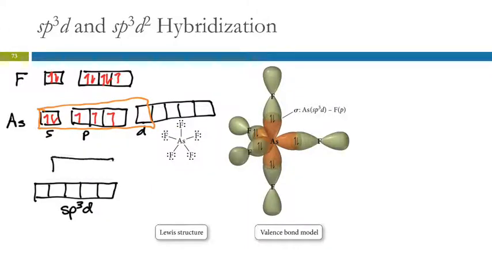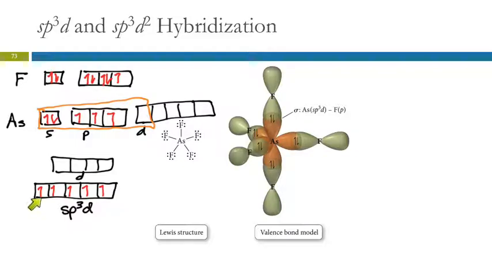So I've got 4 d orbitals that are left unhybridized. I still have 5 valence electrons. So doing the valence electrons now, I'm going to go 1, 2, 3, 4, 5.